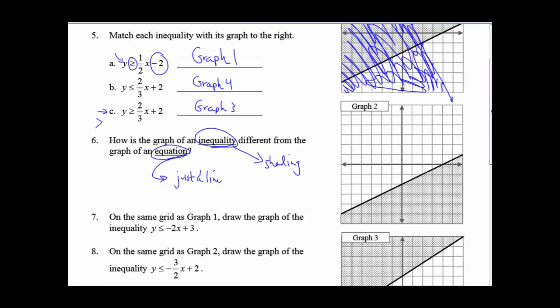8. On the same grid as graph 2, we're going to draw y is less than or equal to negative 3/2 x plus 2. So this time we're going to start with a positive 2, up 2 on the y, and we're going to go down 3 over 2. Number 8, on the same grid as graph 2, we're going to draw the graph of the inequality, all the y's that are less than or equal to negative 3/2 x plus 2.